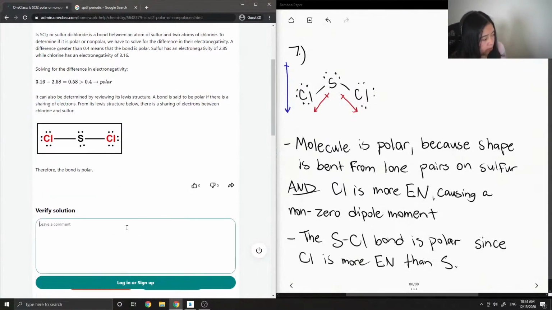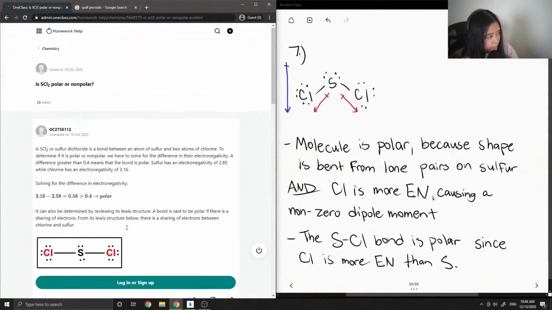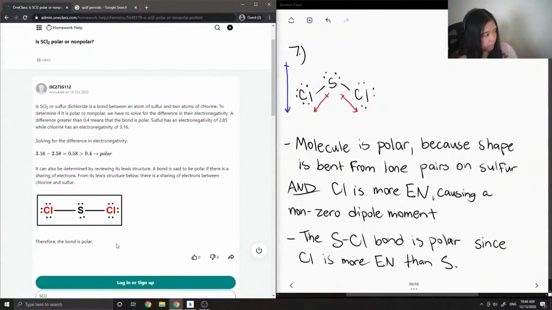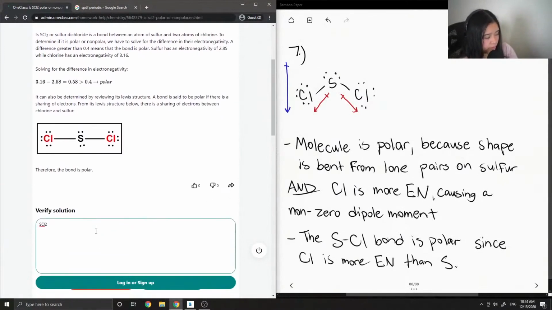So I can just kind of correct them. Sulfur dichloride is indeed a polar molecule. However, the explanation is not necessarily correct.